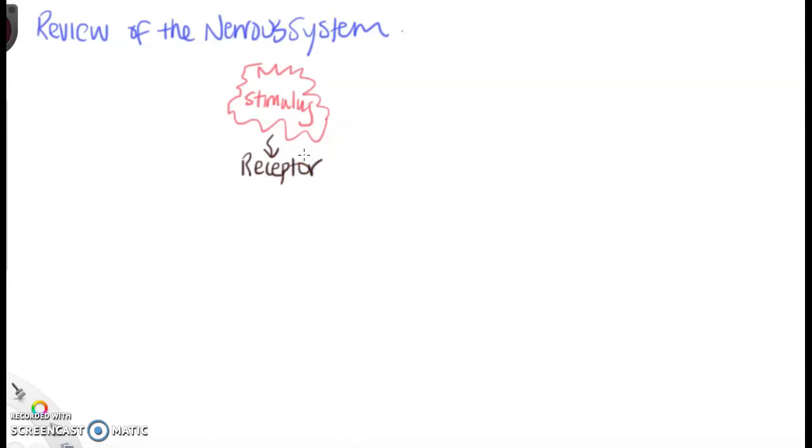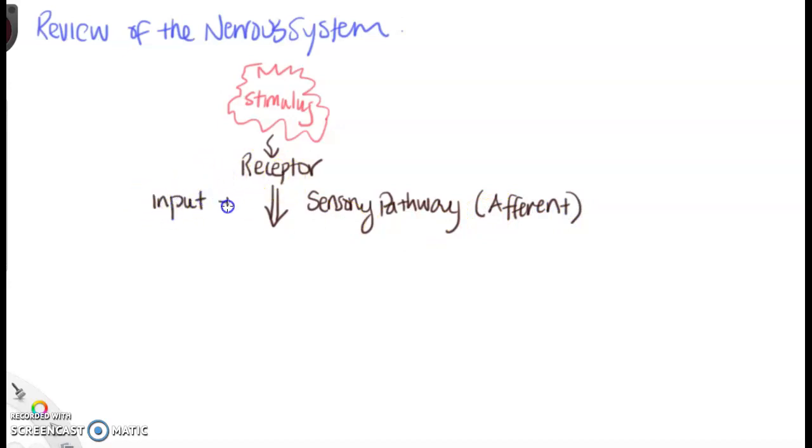And if it's strong enough, it's going to send that information about that stimulus down a sensory pathway. And again, we call that an afferent pathway, right? So this is the input. So input is happening there.